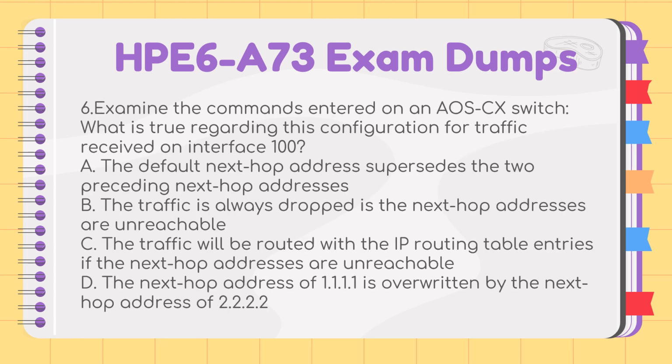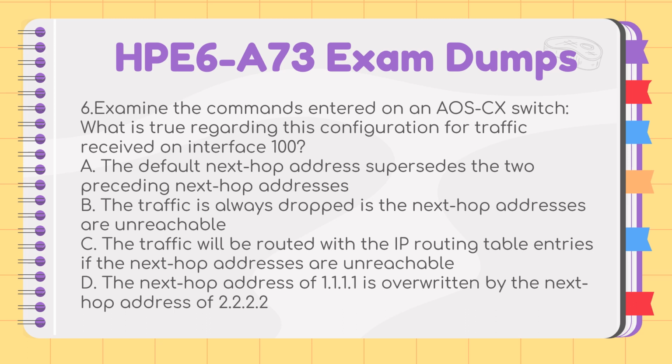6. Examine the commands entered on an AOS-CX switch. What is true regarding this configuration for traffic received on interface 100? A. The default next hop address supersedes the two preceding next hop addresses. B. The traffic is always dropped as the next hop addresses are unreachable.